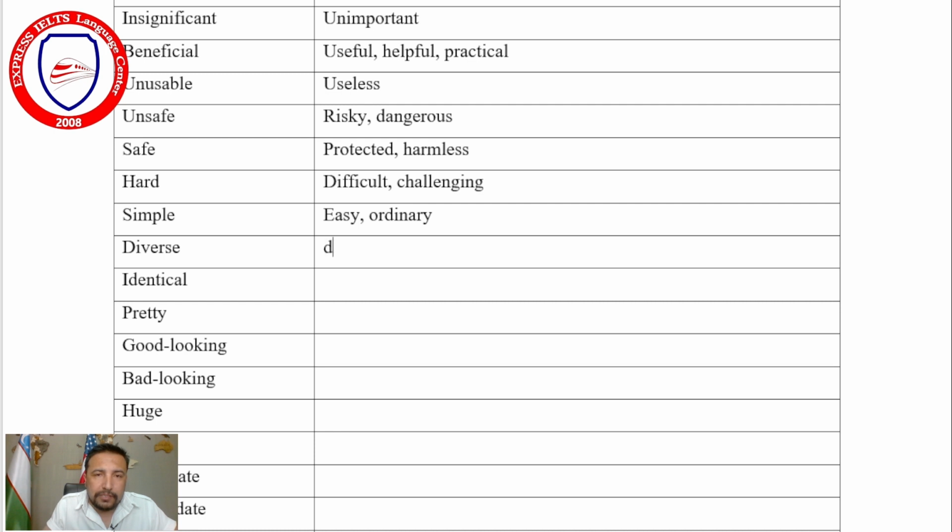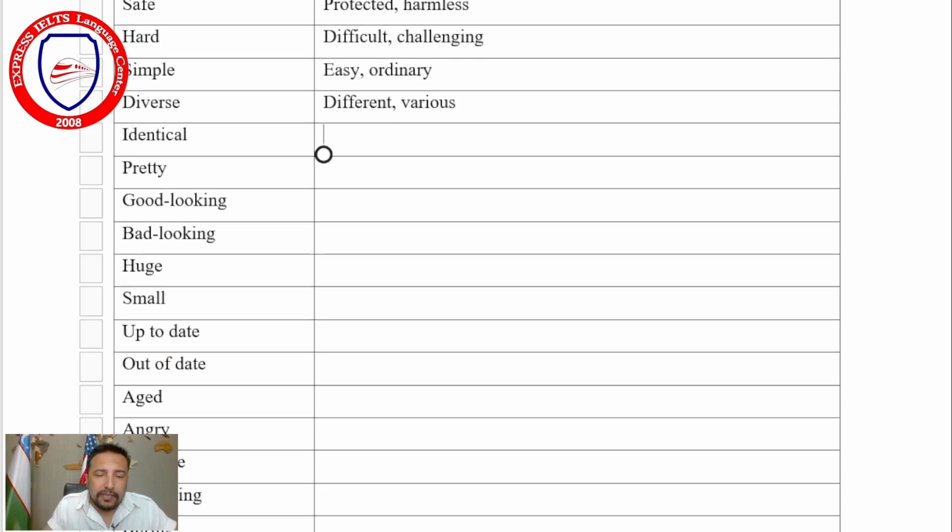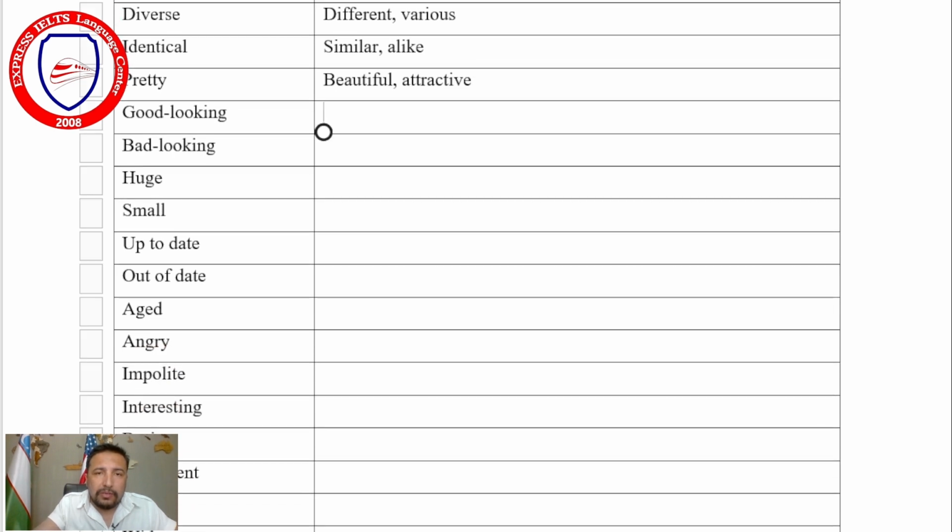Okay, diverse, it means like different. It can be various. Okay, identical, it means similar and alike. Okay, pretty, it means like beautiful. It may be attractive. Okay, good looking, it can be synonym, like handsome, but bad looking, it may be example ugly. Huge is synonym great, enormous.